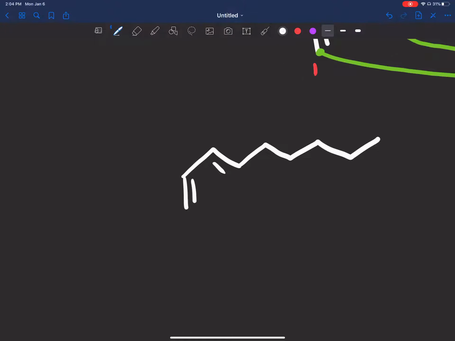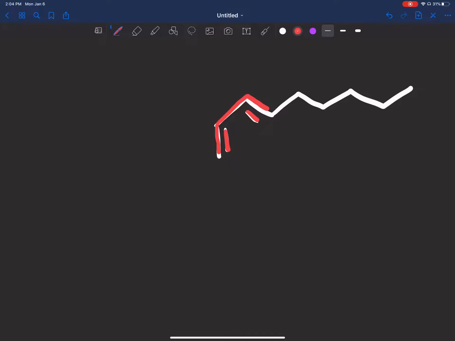All right, so if you look, our diene is right here. So what are the trans groups? Remember, the trans groups point outwards. In this case, they're going to be pointing this way, right? The cis groups are pointing inwards, so trans, cis.